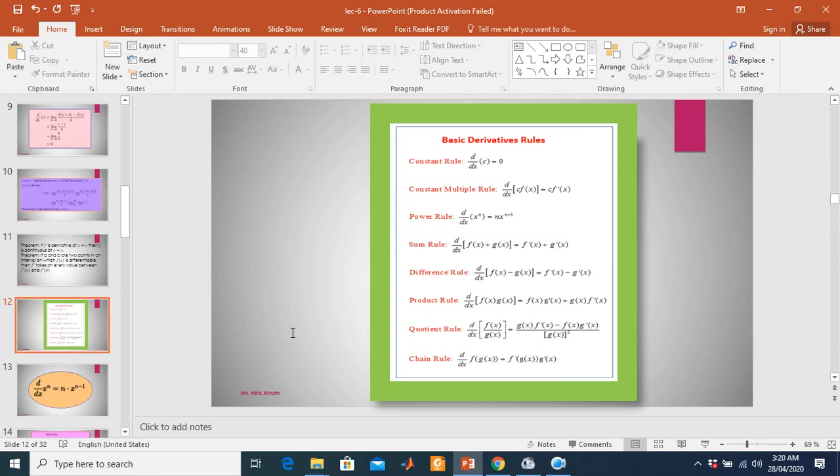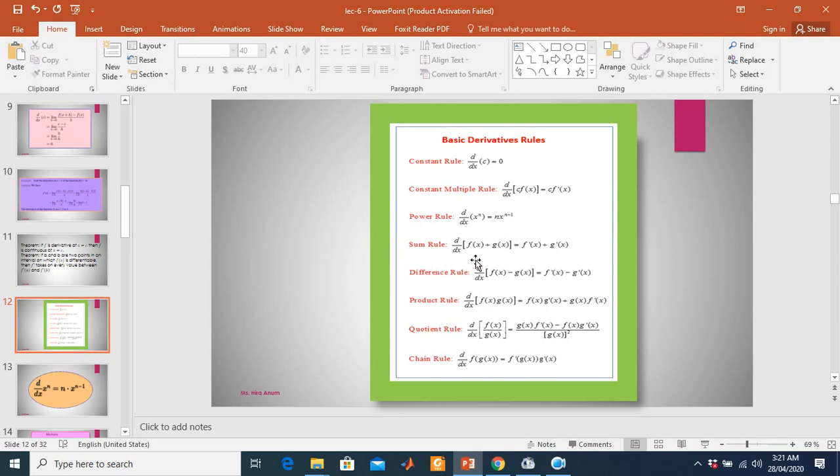Power rule: we take the function f of x equals x to the n, then the derivative is n multiplied in front, and x to the power n minus 1. From the power we subtract 1.